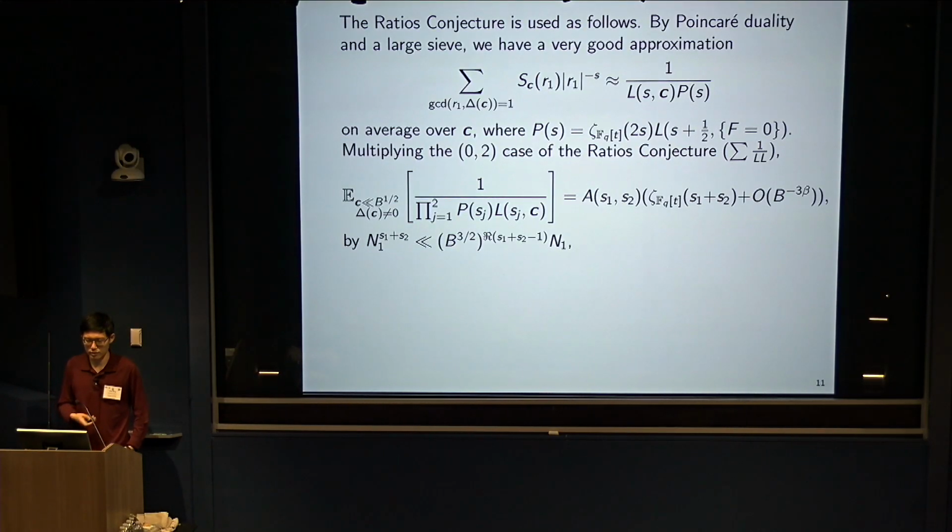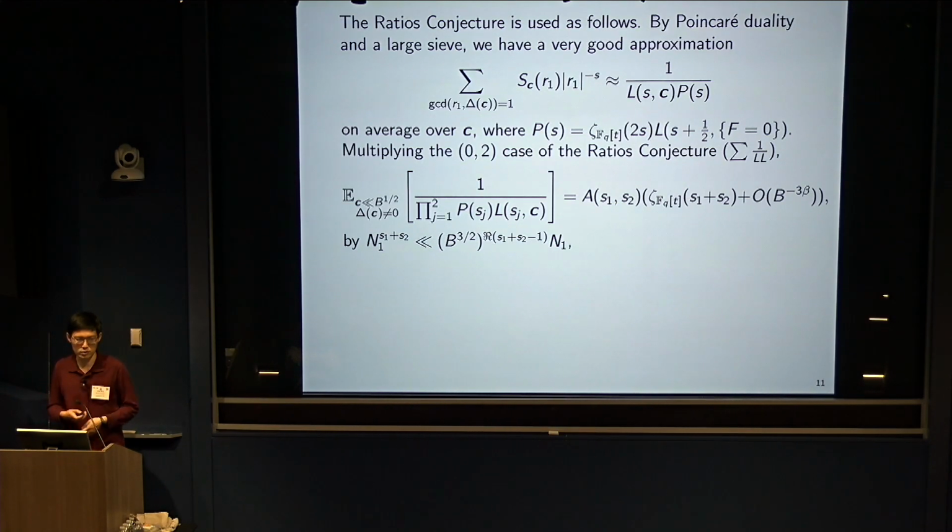And this has some random matrix theory factors like zeta of s1 plus s2, and there's also an arithmetic factor A of s1, s2, which is essentially of size 1, so it's pretty mild. You can basically ignore it. And then we want some power-saving error term where beta is fixed.